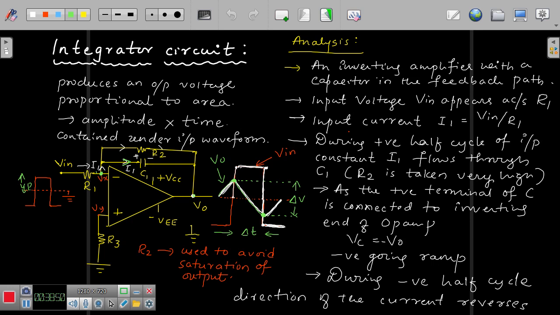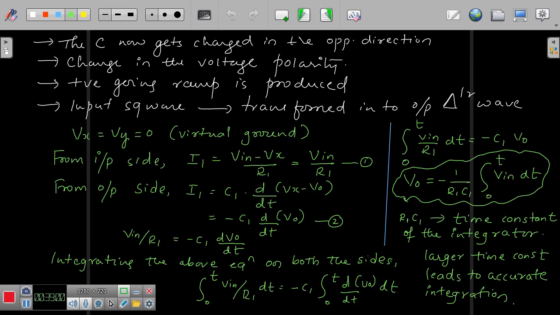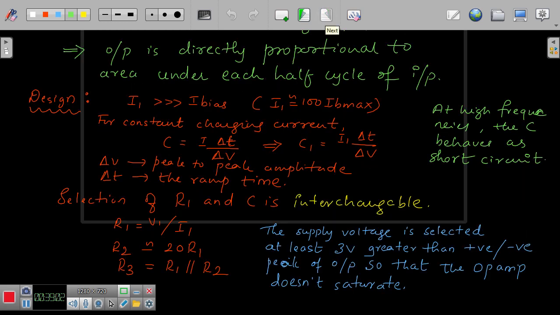In an actual voltage follower, we don't want the output to be phase shifted, but here the output is going to be phase shifted. So this is one point you should always keep in mind. At high frequencies the capacitor behaves as a short circuit, giving 100% feedback.